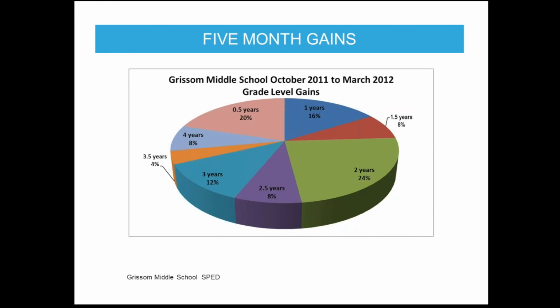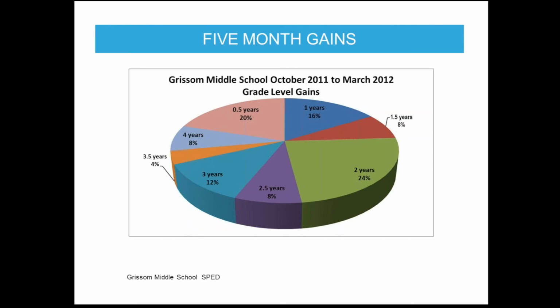As you can see, 20% were less than a year, so 80% achieved a grade level or more, and 12% was more than 3 years of grade level gain, and 8% were more than 4 years of grade level gain.